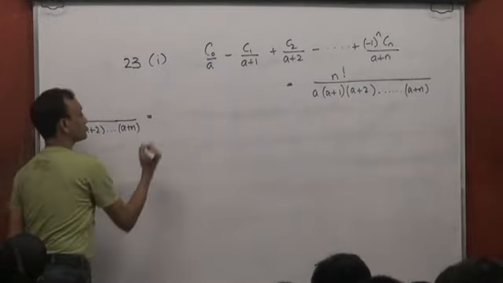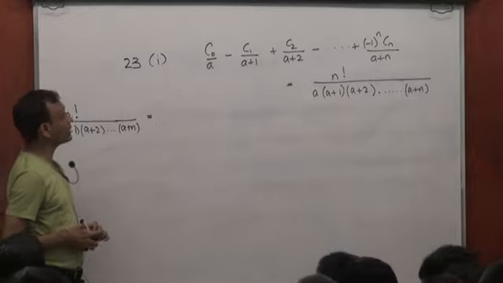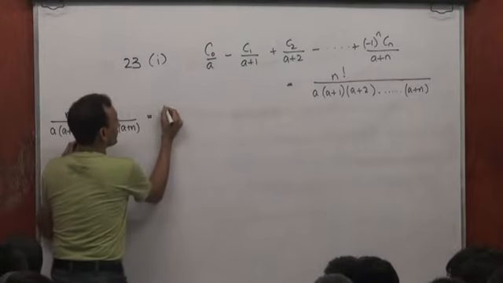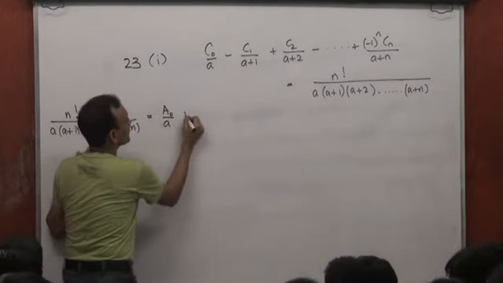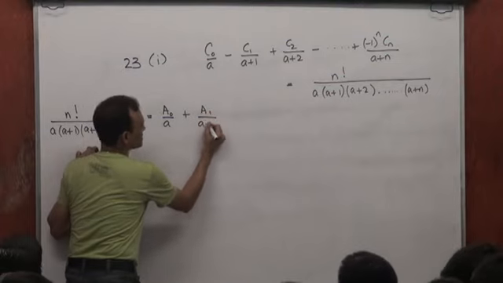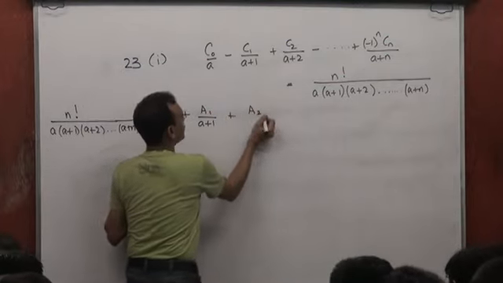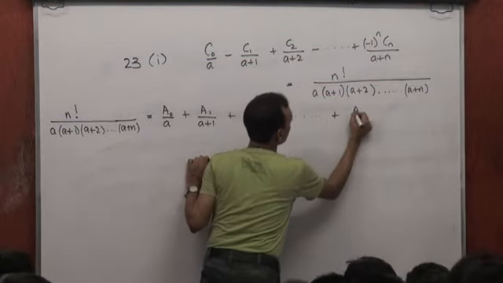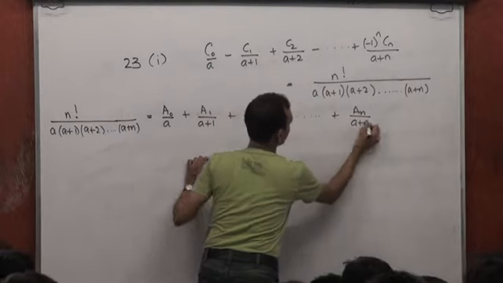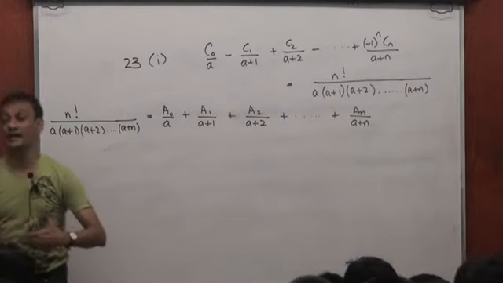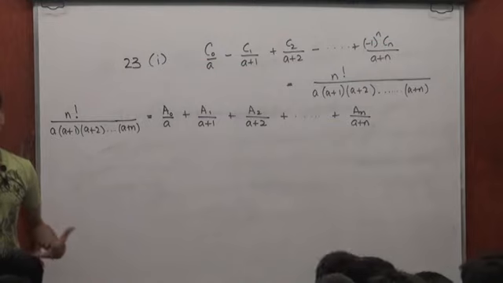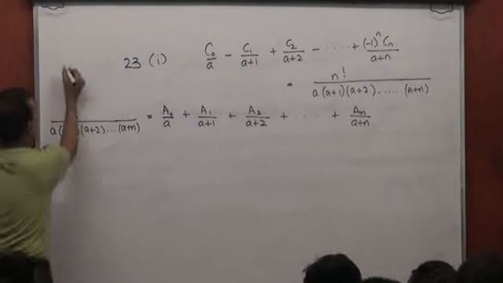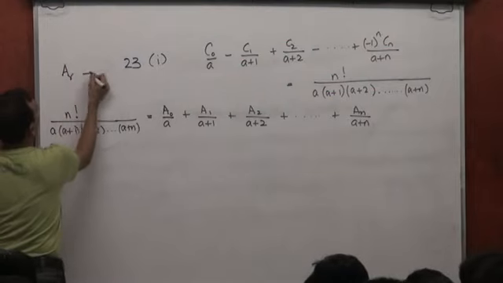I write this as A0 by a plus A1 by a plus 1 plus A2 by a plus 2 up to An by a plus n, where A0, A1, A2, An are undetermined coefficients. I call these Ar's undetermined coefficients.